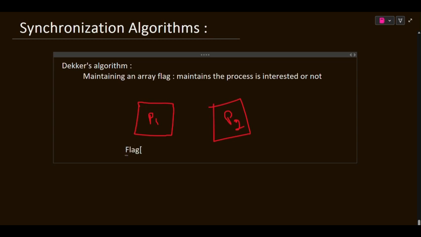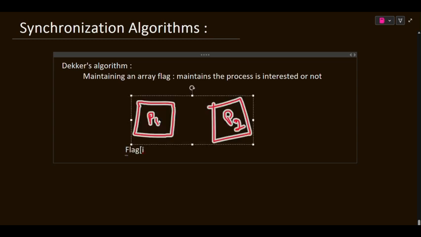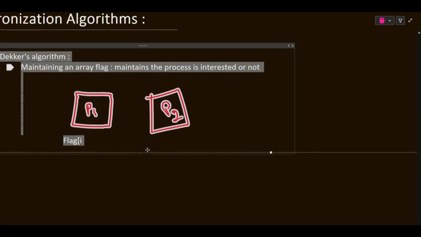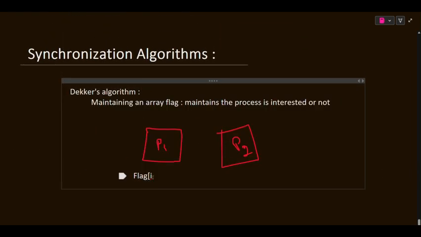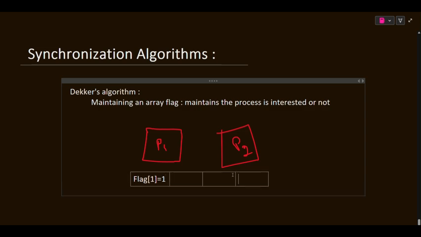If the process Pi, let's say this as Pi, which you can also say P1, is interested, then the flag value of that process is set to 1. And if the process P2 is interested to enter into the critical section, then its flag is also set to 1.